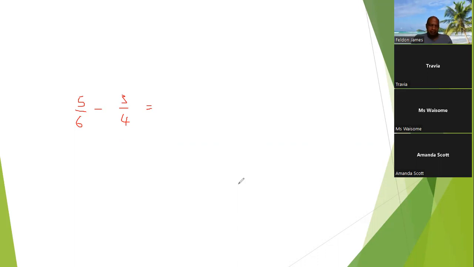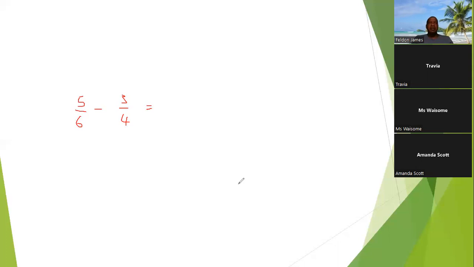Ms. Waysom? 12, sir. All right. So why do we say 12 is the LCM? Miss Trivia, why is 12 the LCM? Because 12 is the lowest common multiple that 4 and 6 can divide into without leaving a remainder.